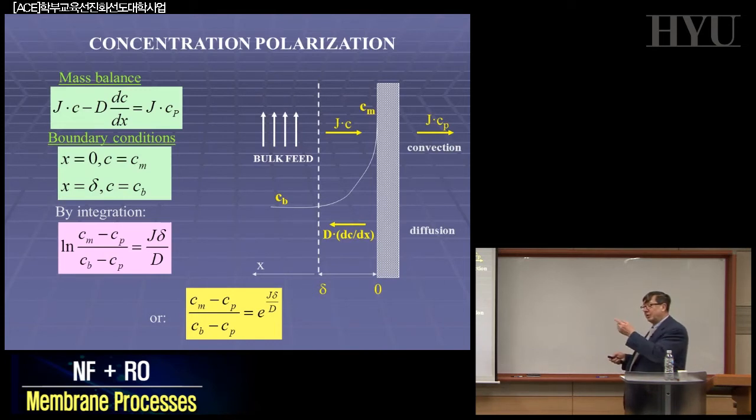But with your selectivity of 99% rejection, if you don't do anything and you operate in this way, in a tenth of a second, what is going through is exactly CB. The concentration on the permeate side will have exactly the same value as the bulk solution. And when you look at this, you say, okay, change the membrane, something is broken.